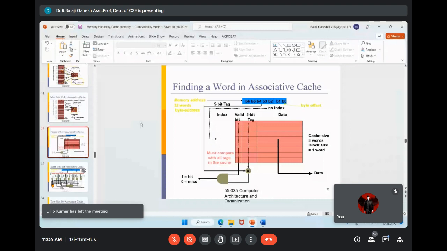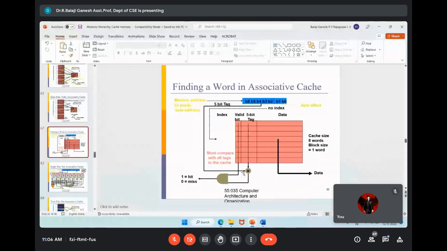Let us see, your memory address is a 32-bit byte address. You can notice the 5-bit tag that has to be searched, and the byte offset within the block. Say, for example, each cache block has 2 bytes. So B0 and B1 are used to select which byte within the particular cache block.